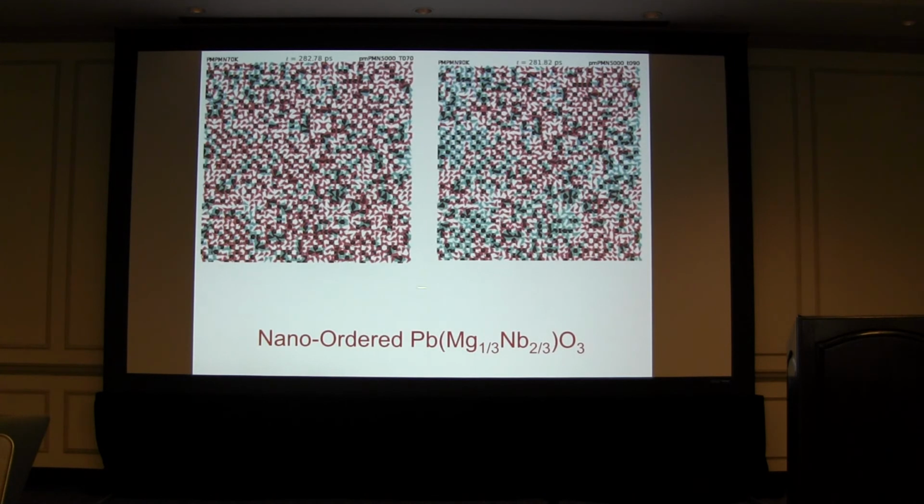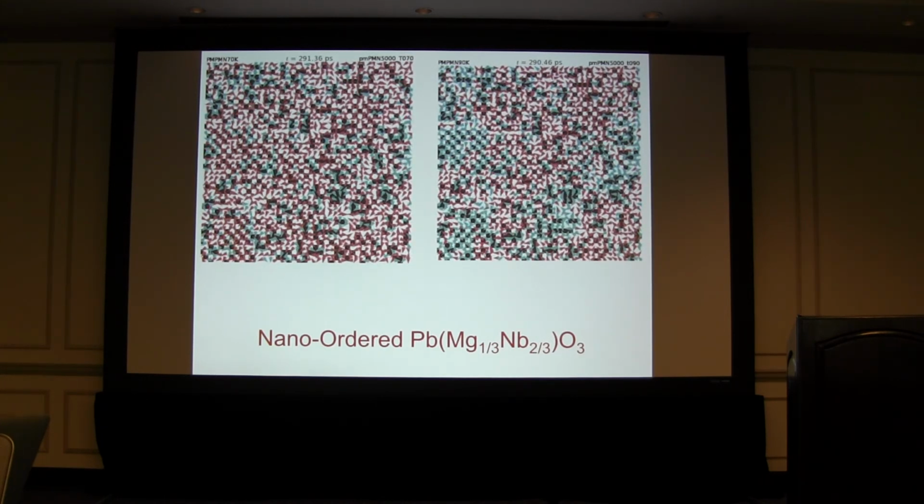So this is very similar to the model that Andrew Rapp showed you yesterday, of the PNR staying about the same size because they're pinned to the chemical ordering, and not changing very much as a function of temperature.